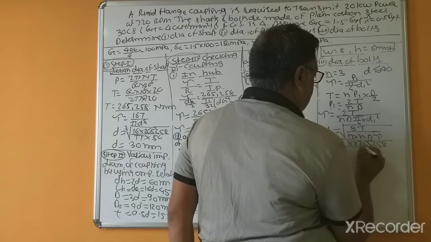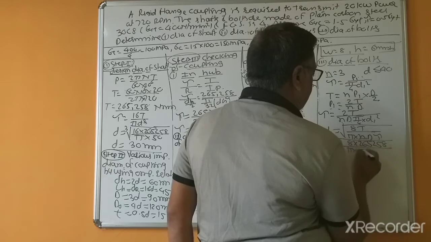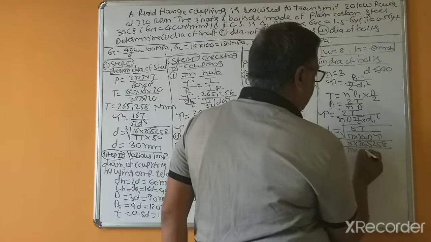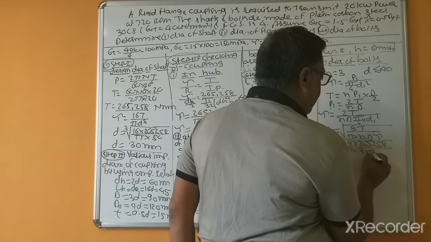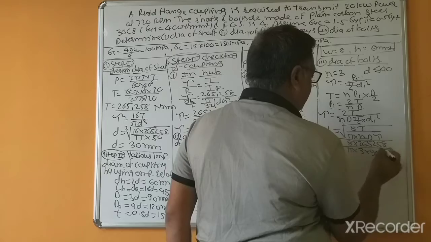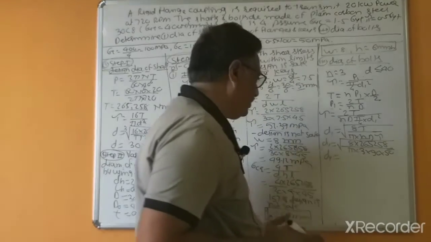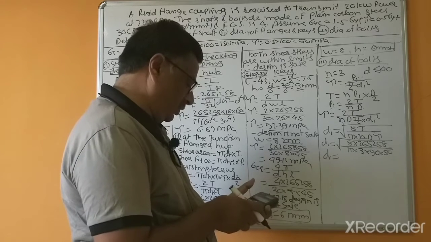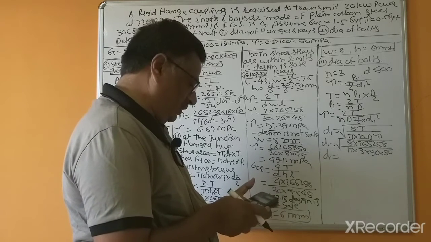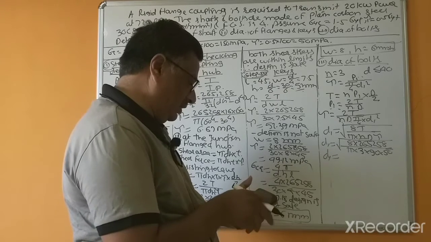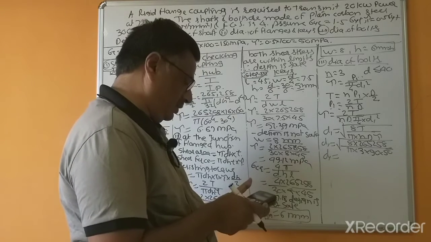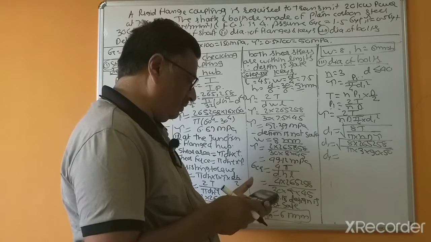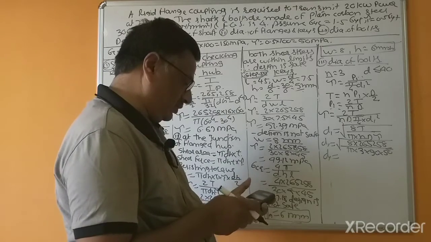Substituting: T is 265258, the number of bolts required for the flange is 3, D is 90, and tau equals 50. D1 is the diameter of the bolts: 265258 multiplied by 8, divided by pi, divided by 3, divided by 90, divided by 50, all under root.